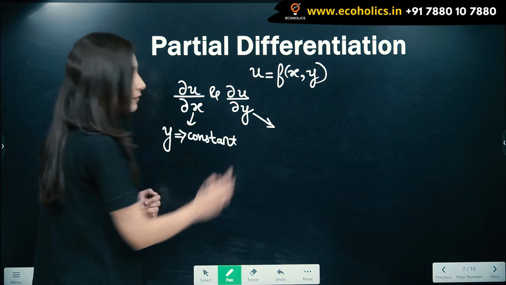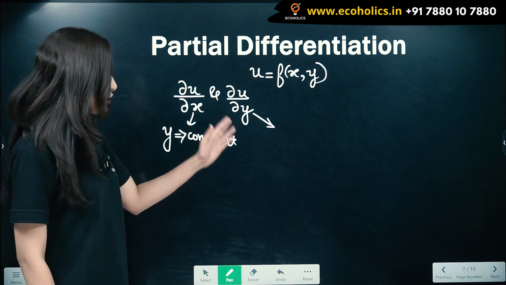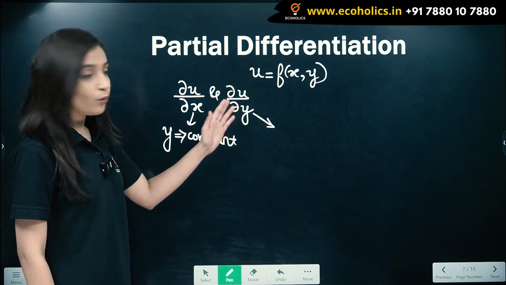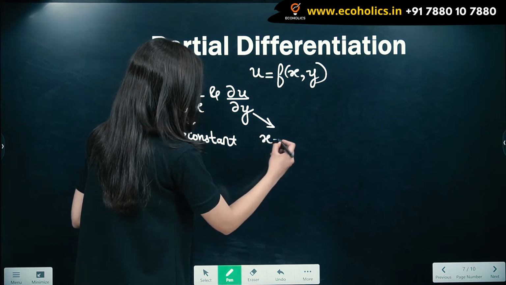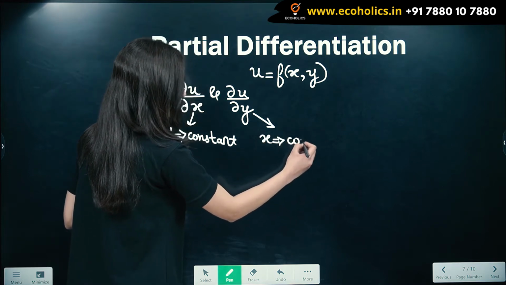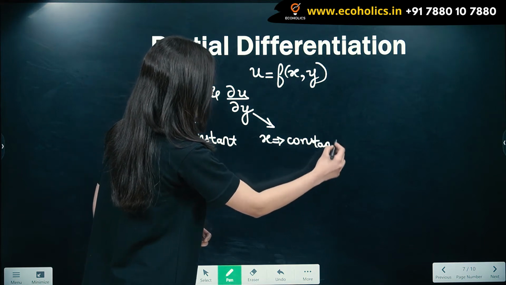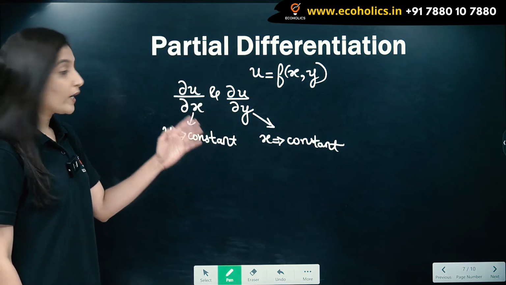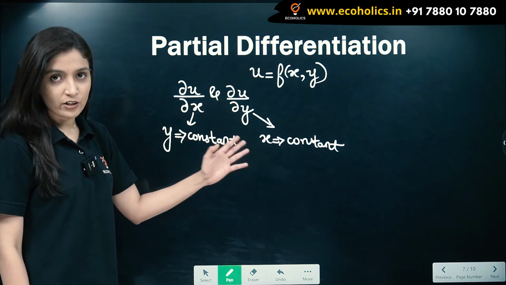And in this case, we have ∂u/∂y. This shows change in u with respect to y, and here we have x as constant. So, we have ∂u/∂x and ∂u/∂y as partial derivatives.